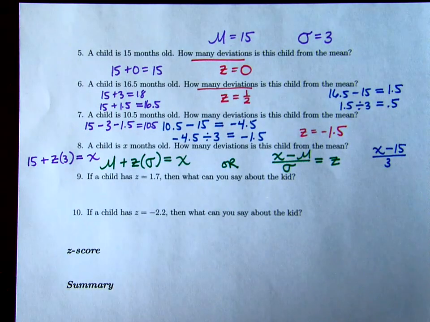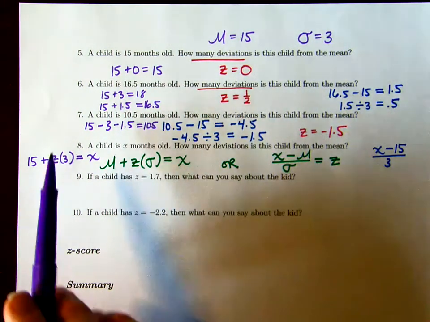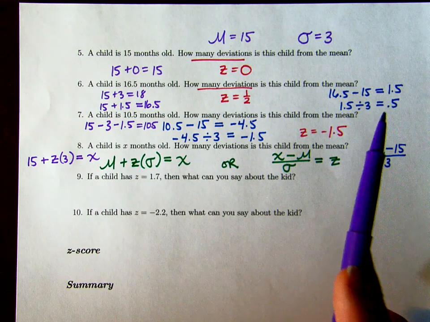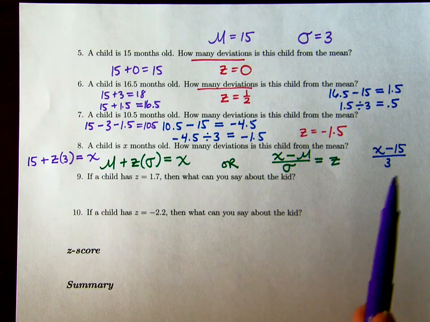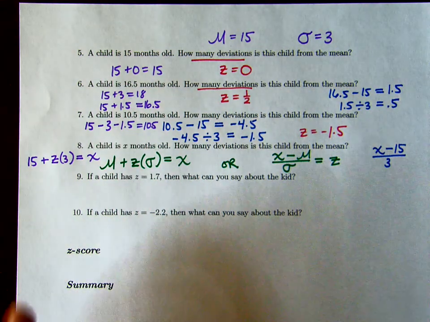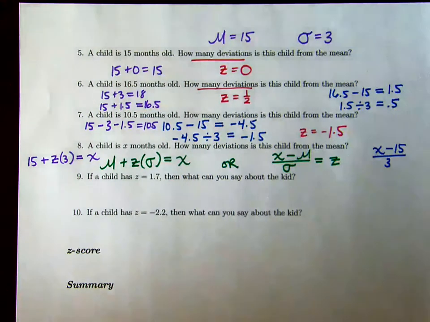So either you're solving this equation, which is purple style, or you're looking at it like this, finding the difference and then counting how many standard deviations were there. You could look at it either way.